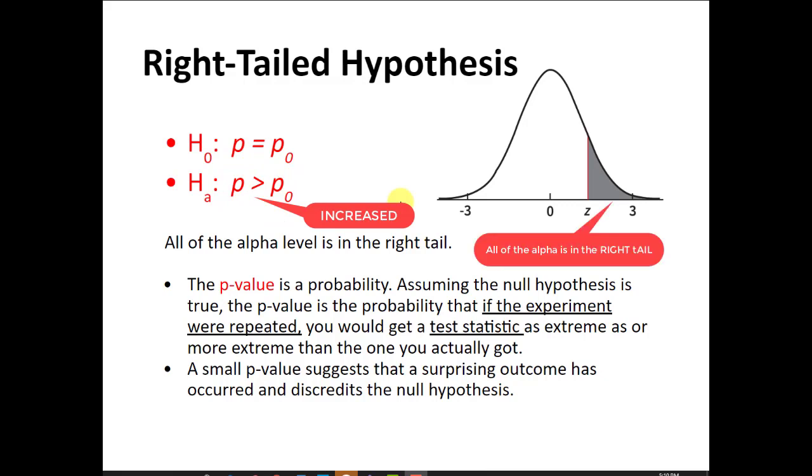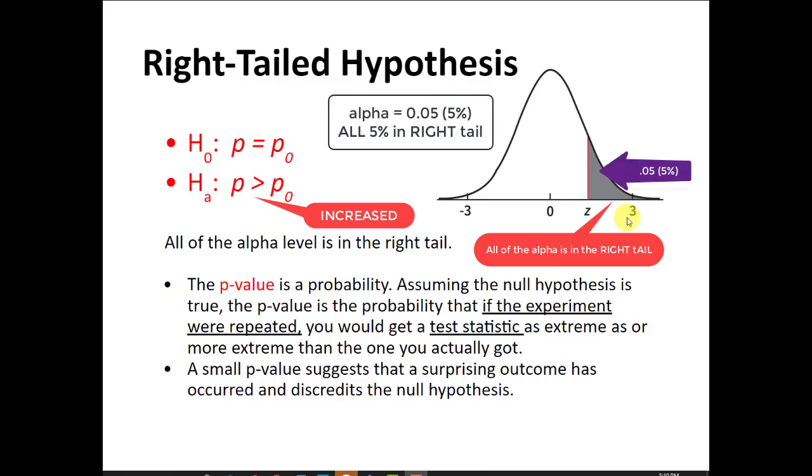This time, all of the alpha level is going to be in the right tail. So if you have a 5% alpha, all 5% will be in the right tail. If you have a 10% alpha, all 10% will be in the right tail.